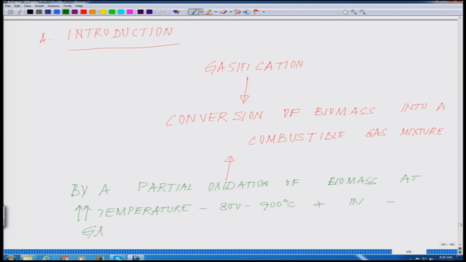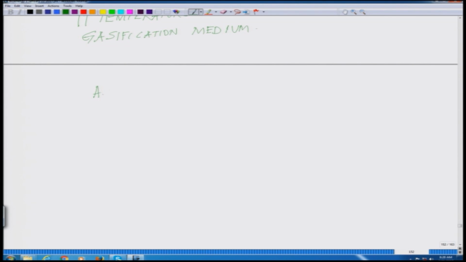And what is the gasification medium? We will come to this now. The gasification medium could be air, it could be oxygen, it could be steam, and there are a few more which we will talk about later.